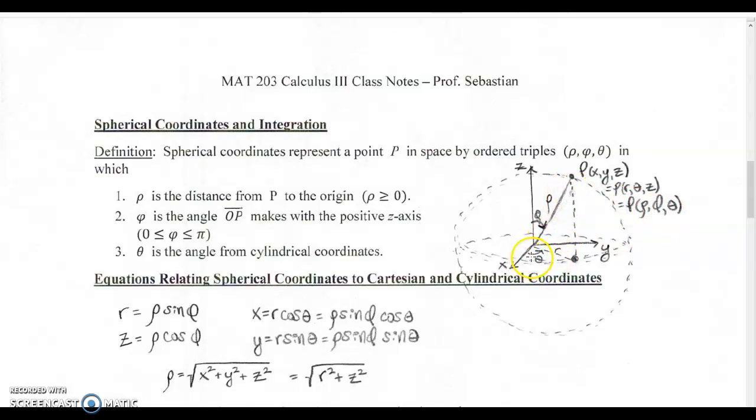And then theta is the same angle theta that we use in the cylindrical coordinate system. So the shadow of the point down onto the xy plane, the angle theta is the angle measured from the positive x-axis over to the ray that would give us r in the cylindrical coordinate system.